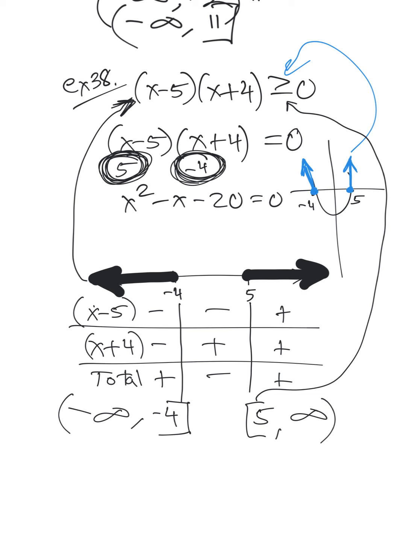You want to include both solutions, so that's why this needs to be a union. Where did the infinity sign come from?